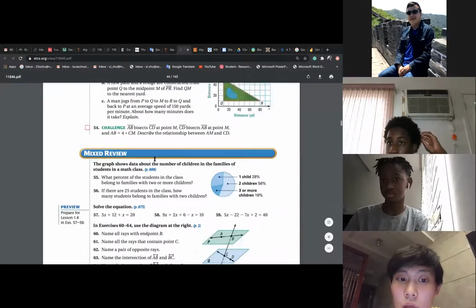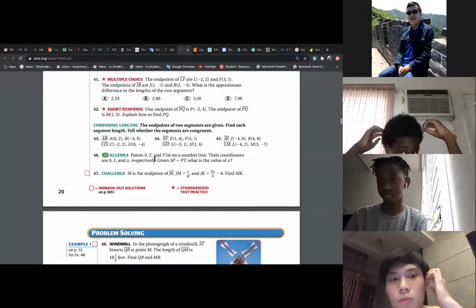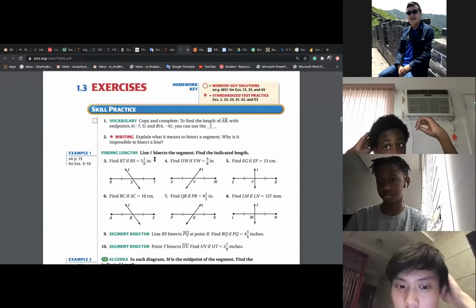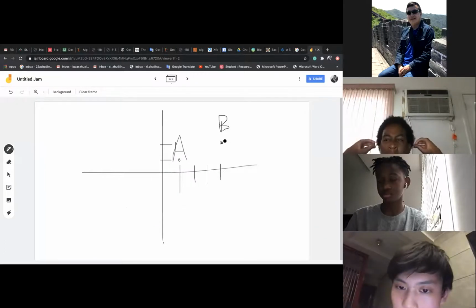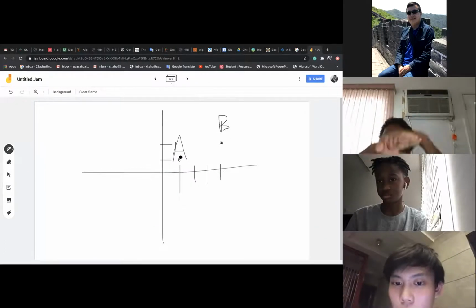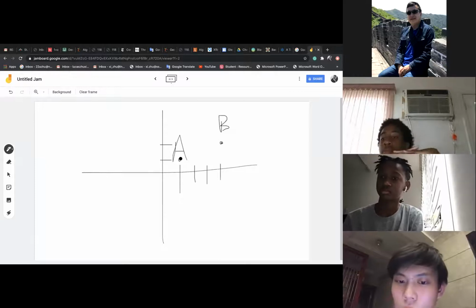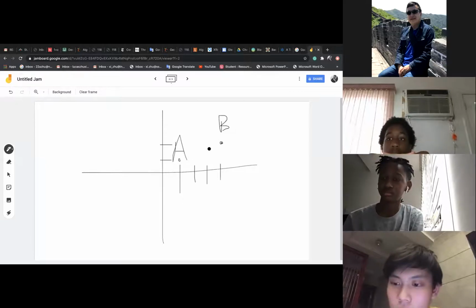It should be x2 minus x1, right? It doesn't matter which one is x1 or x2, they can be either. You just have to do the calculation right.